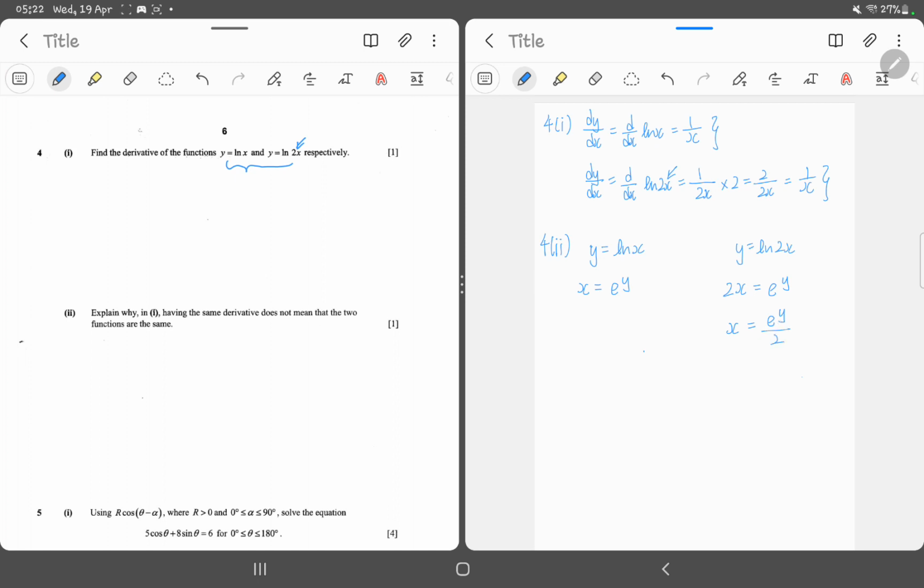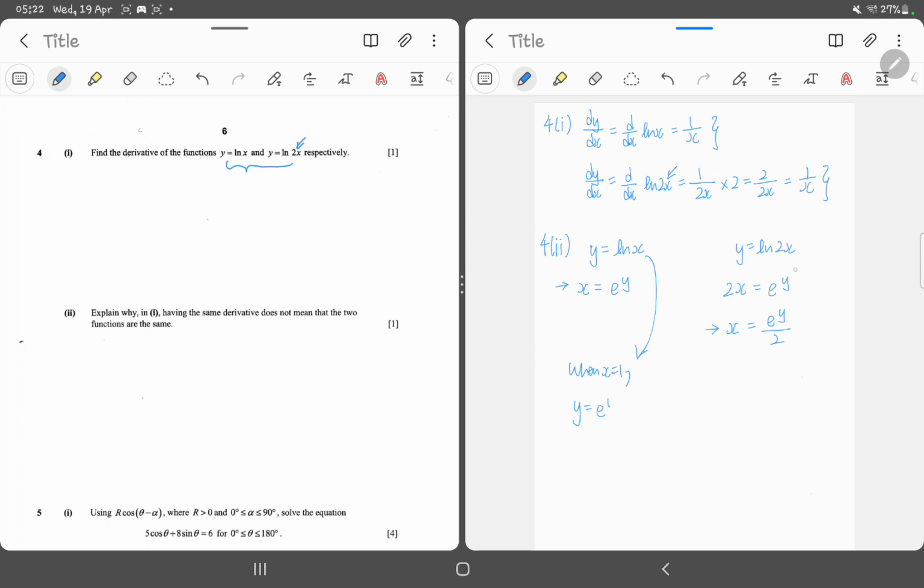So you can clearly see, if I make x the subject over here, let's say when x equals 1 for this function, my y value will be e to the power of 1.